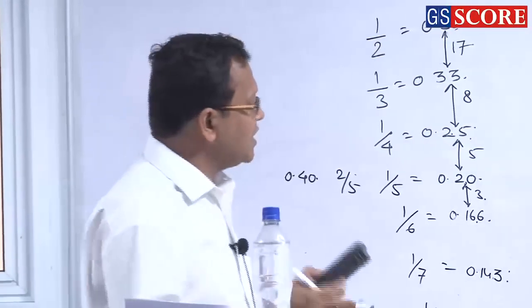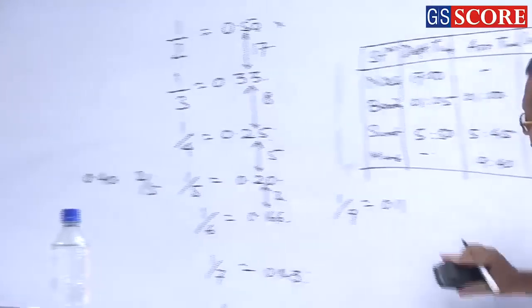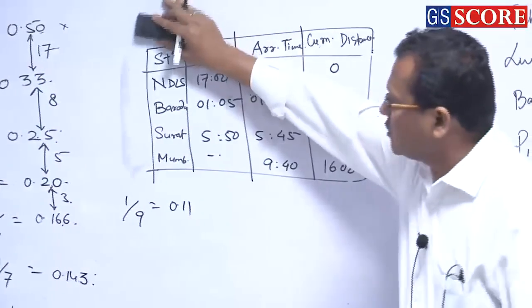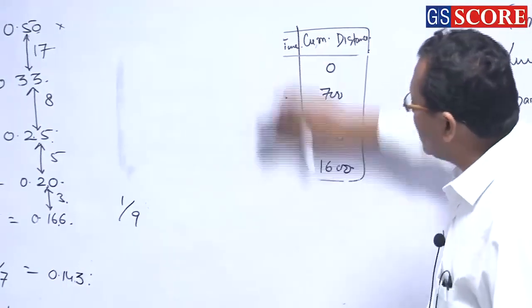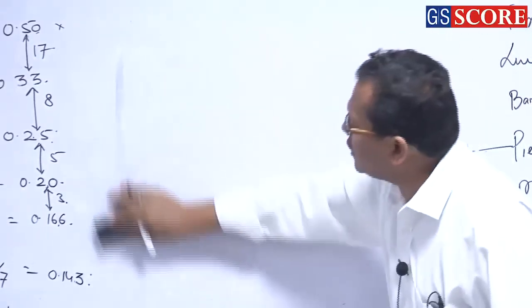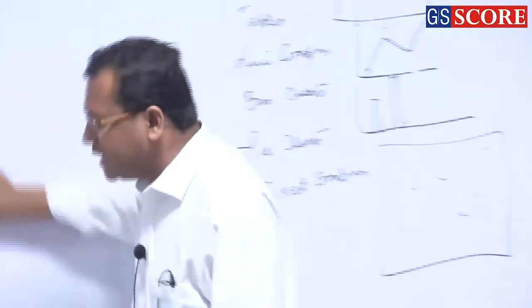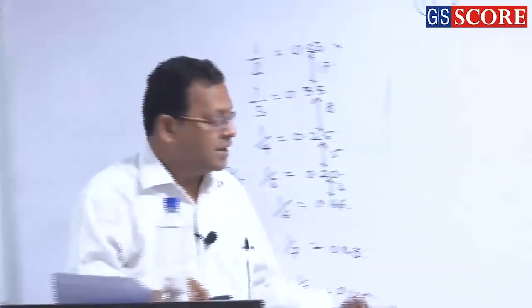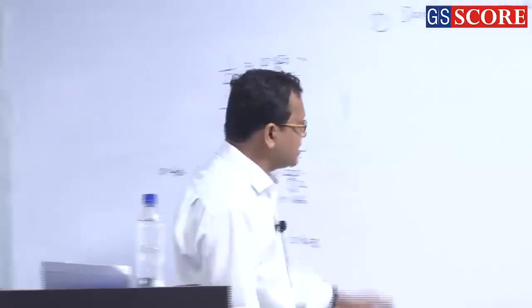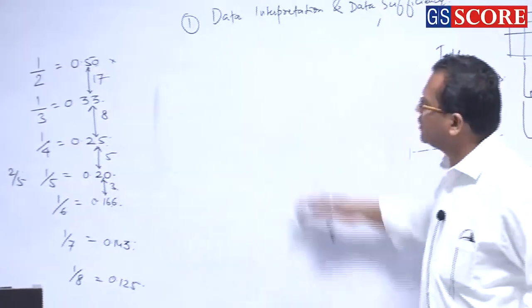More than calculation, what is important is interpretation of the data. What all is given over there and what all I need to find out from the given data. This is about the data interpretation part. I will do an exercise and then we will see how we can proceed further.